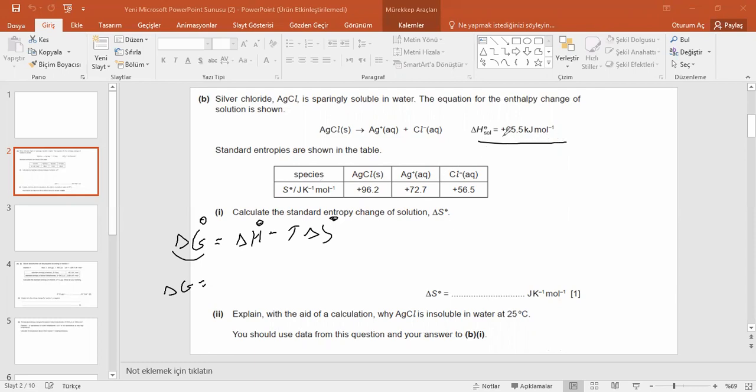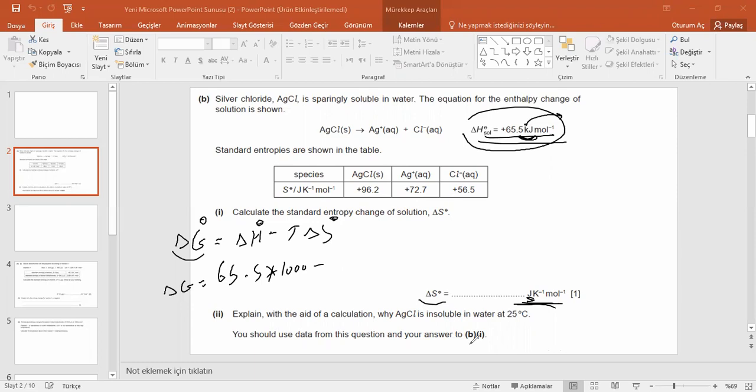Look, guys, delta H and delta S both have different units. So we have to change either the kilojoule of delta H to joule or the joule of delta S to kilojoule. I'd rather convert the kilojoule here to joule. So we would say 65.5 times 1000 minus T delta S.